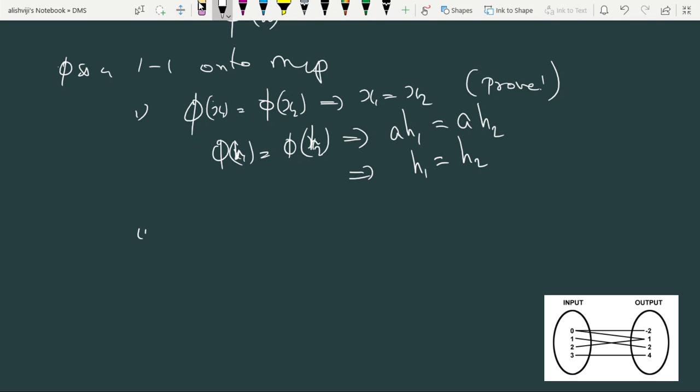Then to prove that it is an onto mapping, let's consider an arbitrary element of AH.